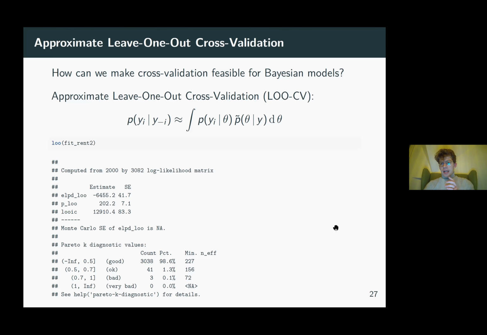I have seen a lot of people, when loo failed, use other information criteria. So loo can be seen as an information criterion just like WAIC or AIC. But please be aware, if the looic throws high Pareto Ks, that means the assumptions that are implicit in AIC or WAIC are also not met.